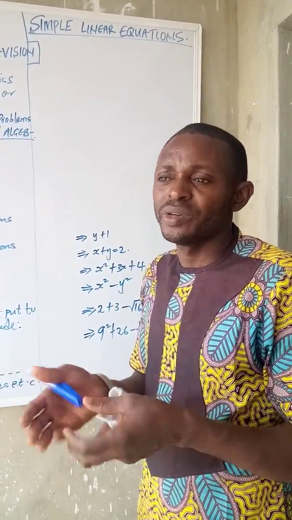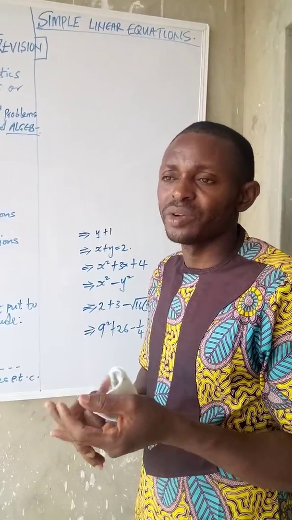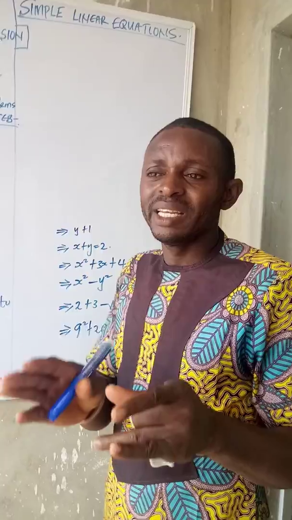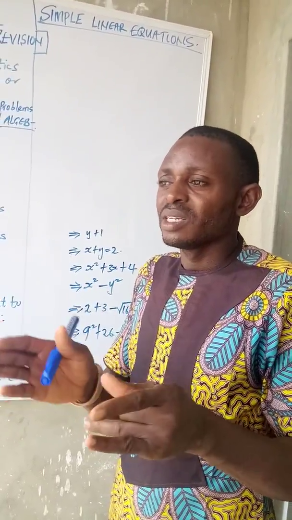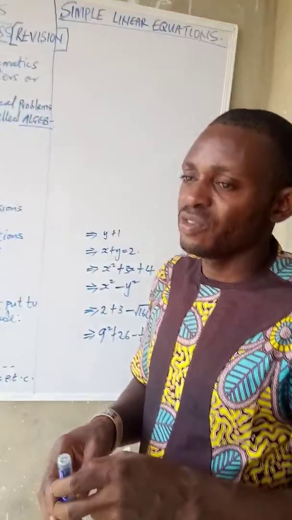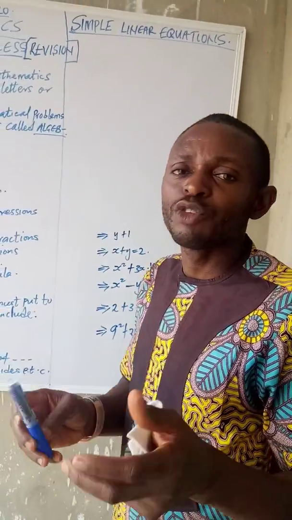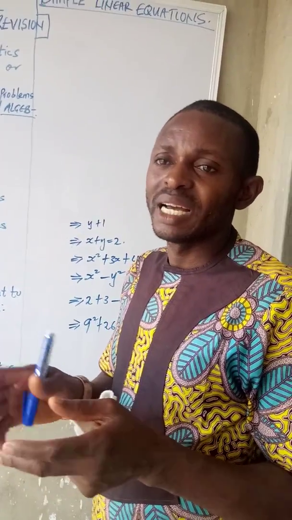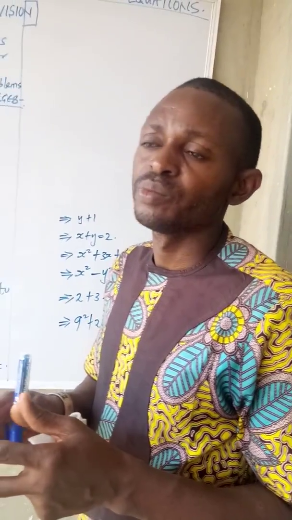It's a classroom experience. So you must get your writing materials ready, and you must be in a sitting arrangement where you can learn effectively. If you don't have your materials ready with you, I will encourage you to pause this video and get them ready before you continue.